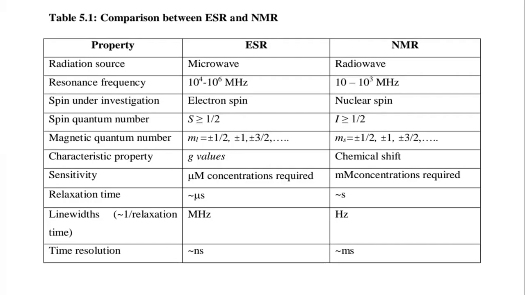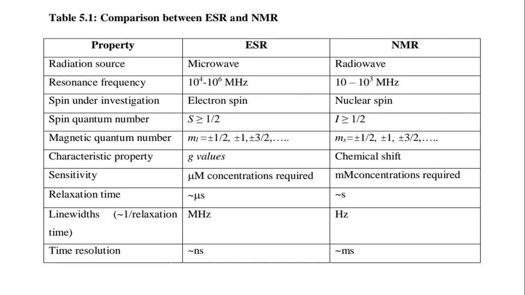The spin under investigation in ESR is electron spin, in NMR it is nuclear spin. The spin quantum number in ESR is S greater than or equal to 1/2, whereas in NMR it is I greater than or equal to 1/2. The magnetic quantum number for both spectroscopies ranges over plus or minus 1/2, plus or minus 1, plus or minus 3/2, and so on.